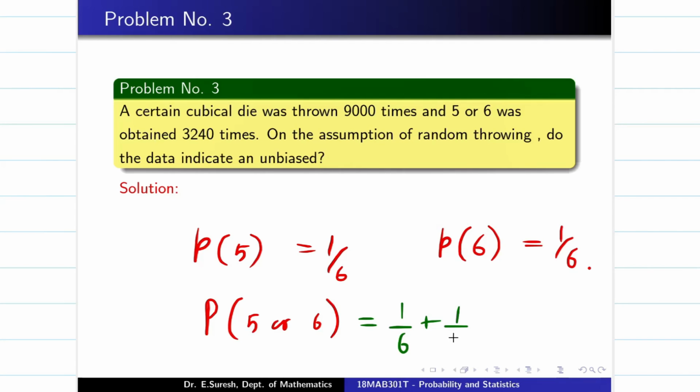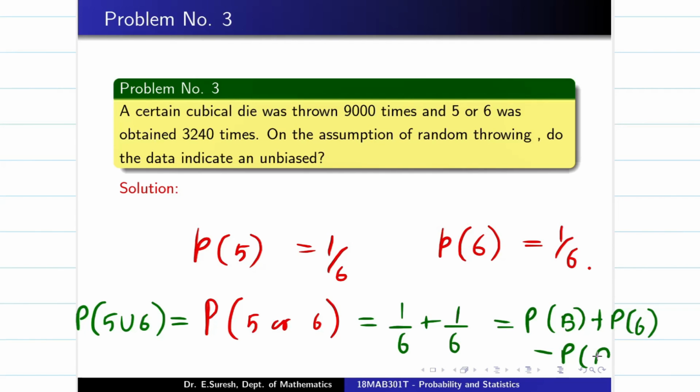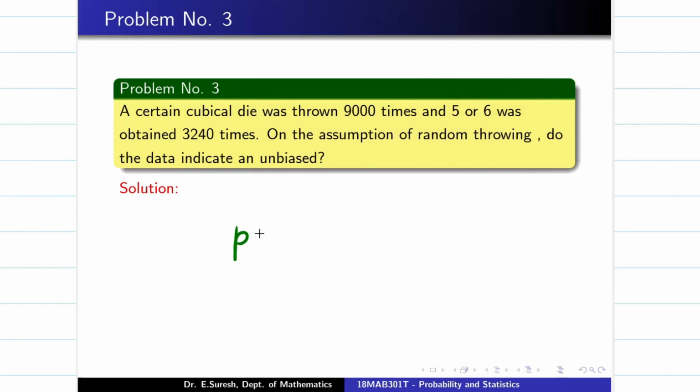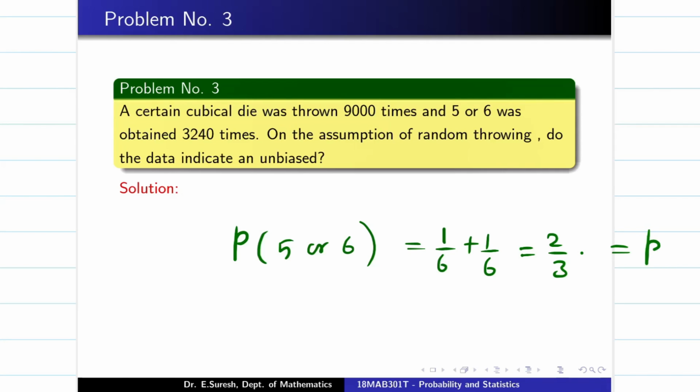So P of A, this is nothing but P of 5 union 6, is going to be P of 5 plus P of 6 minus P of 5 intersection 6. There is nothing common between 5 and 6. So I can say P of 5 or 6 is 1 by 6 plus 1 by 6, that is 2 by 3. Okay, done. So this is going to be my small p.